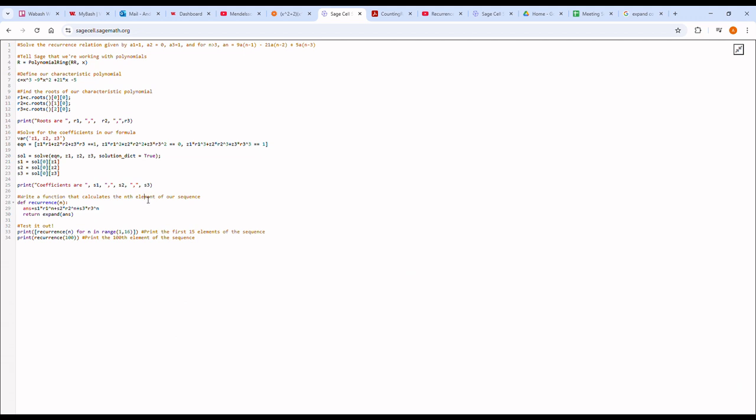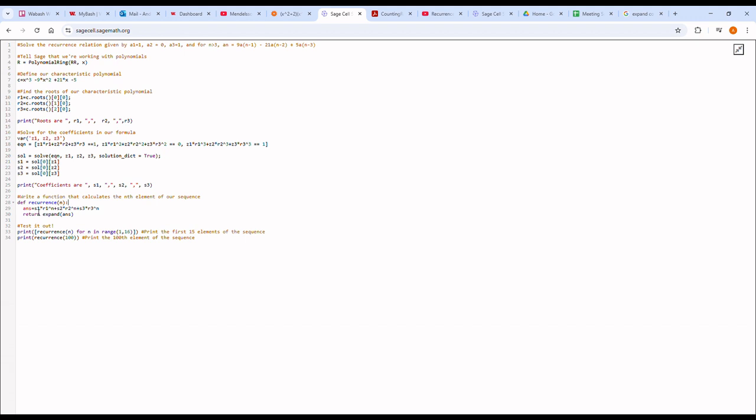Okay. Last but not least, we want to write a function that easily calculates the nth element of our sequence. And I'm just going to call it recurrence because, why not? It will take in a value n, and I want it to tell me the nth term of my recurrence relation. So what am I going to do?